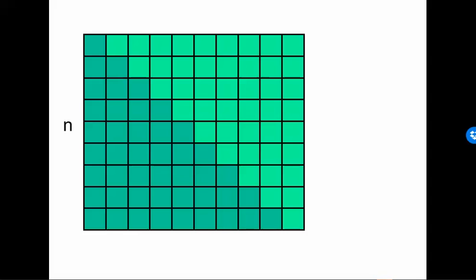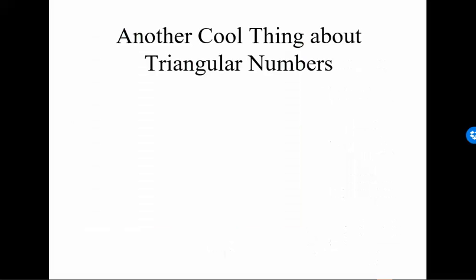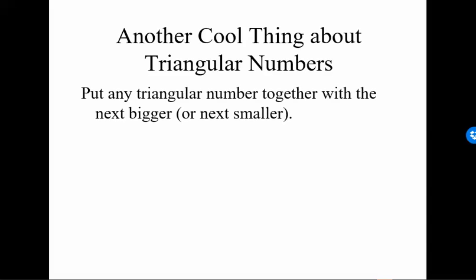In general, if it's the nth triangular number, and we have 2 copies of it, our rectangle is going to be n times n plus 1, which means the formula for the nth triangular number is n times n plus 1 divided by 2. Now, what are some other interesting things about triangular numbers?